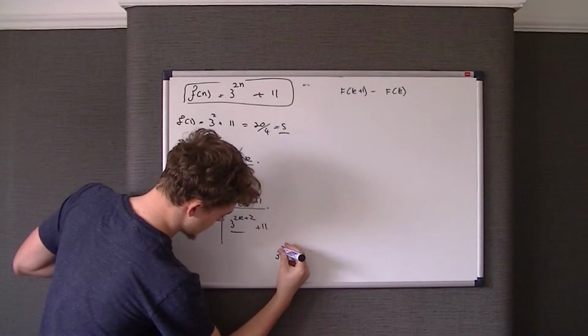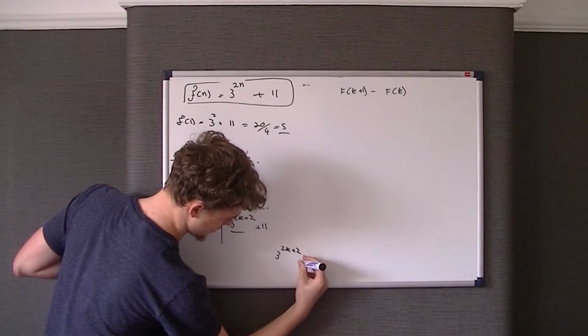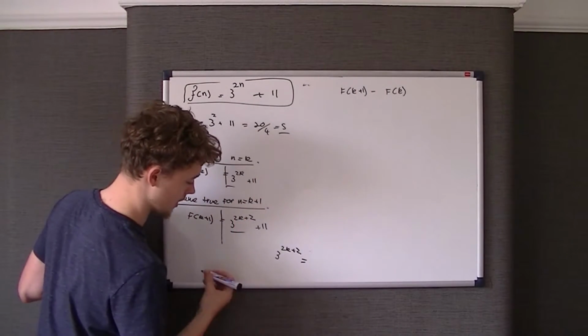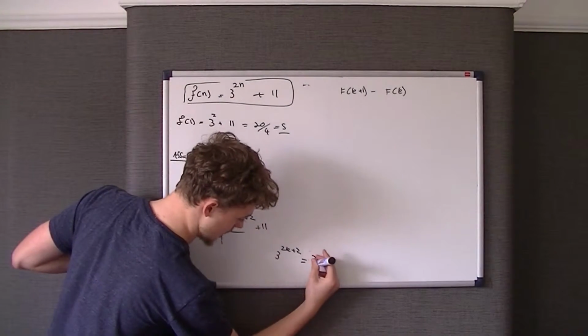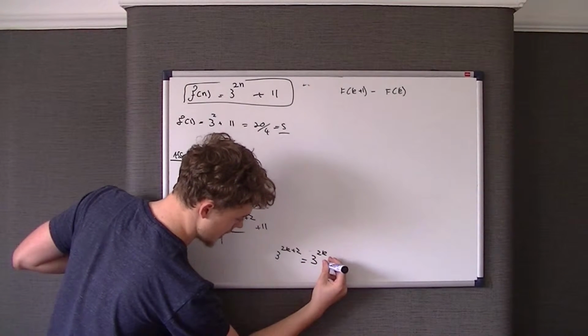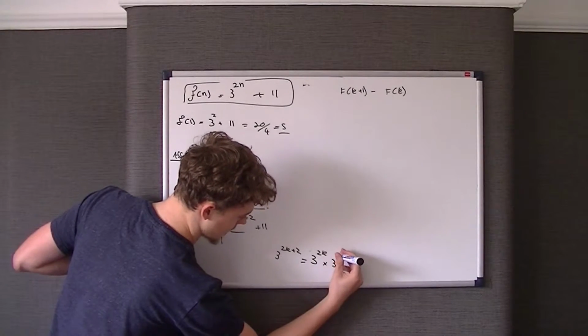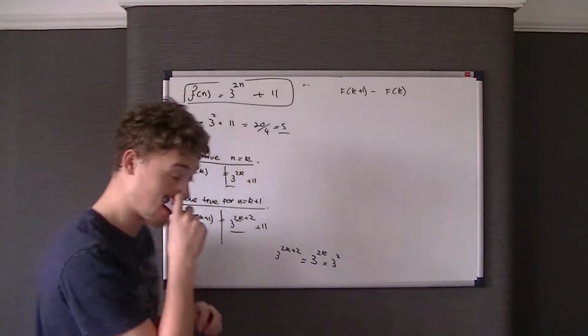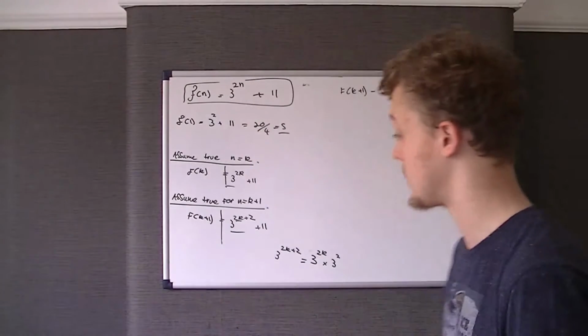So 3 to the 2k plus 2, we need to make that have the same power as 3 to the 2k. There's a 2k in there, so 3 to the power of 2k plus 2 is equal to 3 to the power of 2k times 3 squared, because when you multiply indices you add the powers.